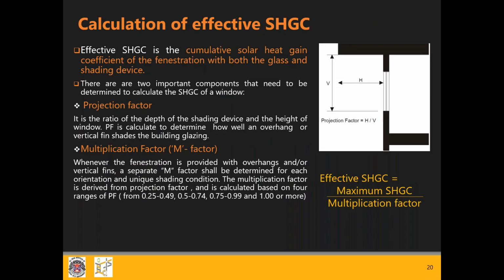Now, how do we calculate the SHGC of an entire window? The calculation is maximum SHGC divided by the multiplication factor.